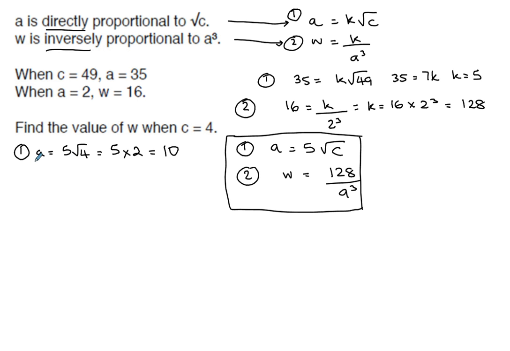And then we go stick in the value of A into there to find W. So W equals 128 over 10 cubed, which is 128 over 1,000, which gives you 0.128.